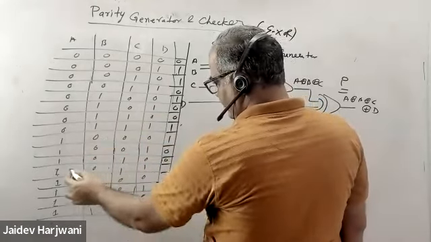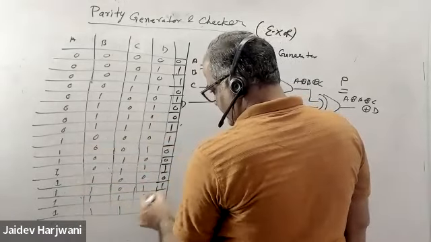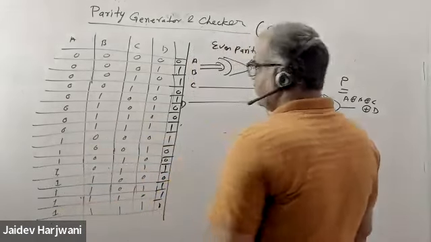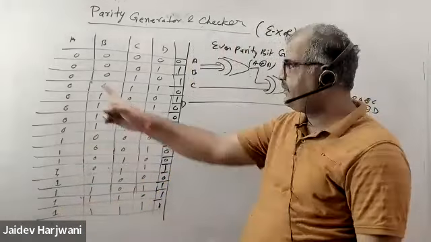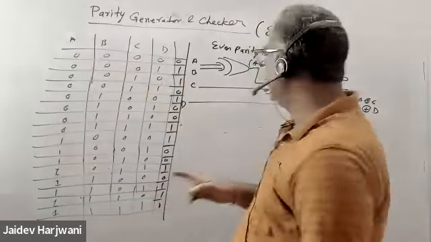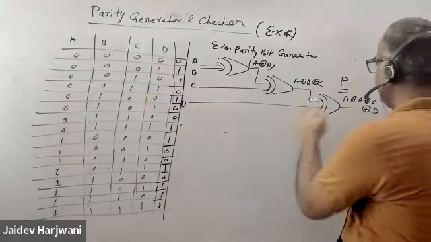Then you have 1 1 1 1 0 1 1 1. So whenever you have an odd number of ones present, we know the XOR gate will give 1. So this is your even parity.